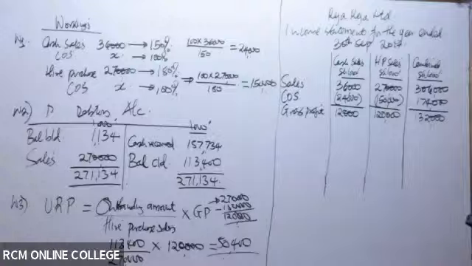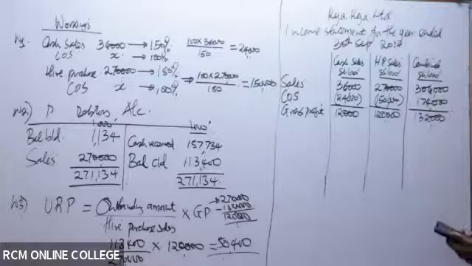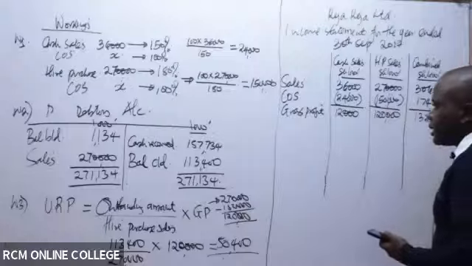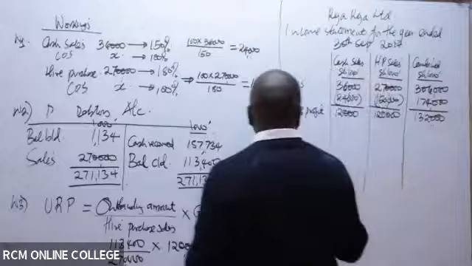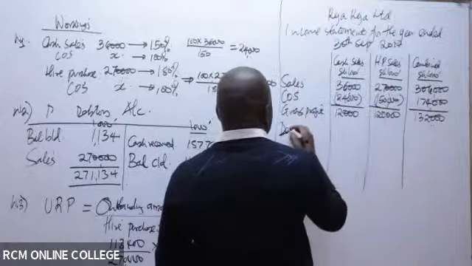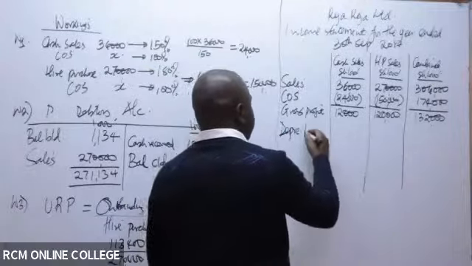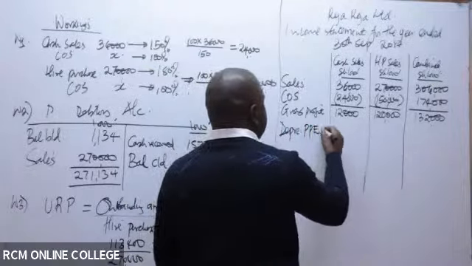Then in this case, we can end up having to minus any other expenses. They have talked about depreciation on property, plant, and equipment.